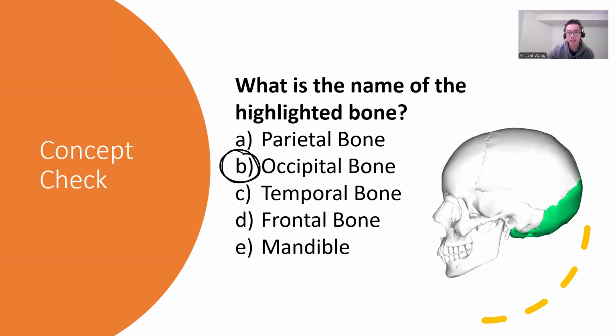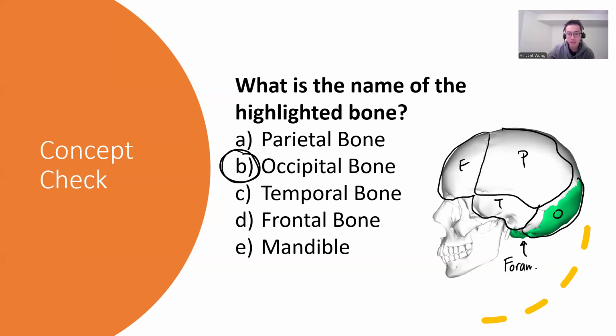Parietal is up here. This is frontal, just like the lobes of the brain. This is temporal. This over here is occipital. Remember there's a big hole there at the bottom. Foramen magnum.